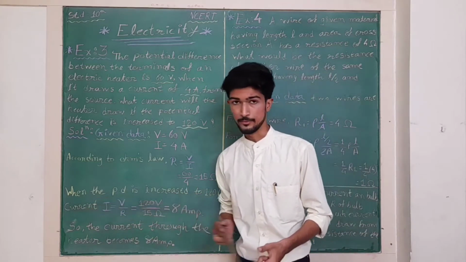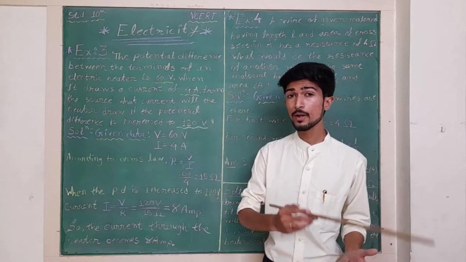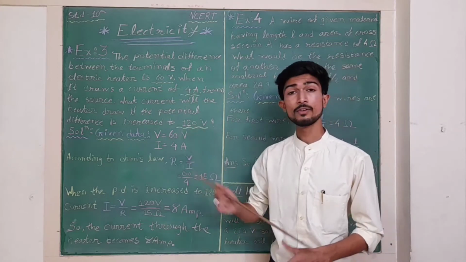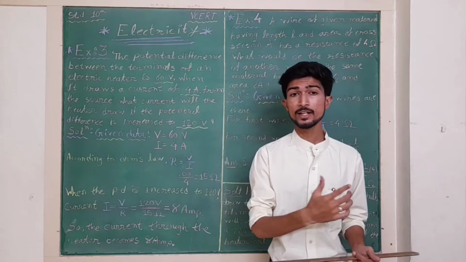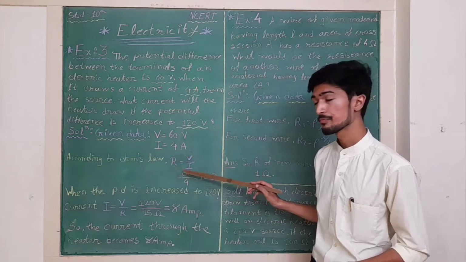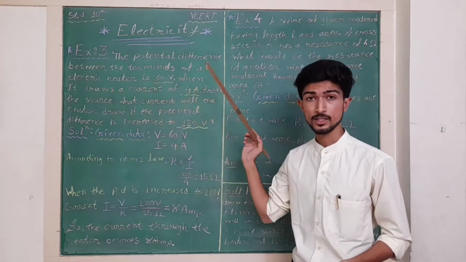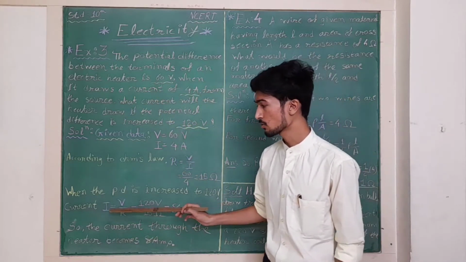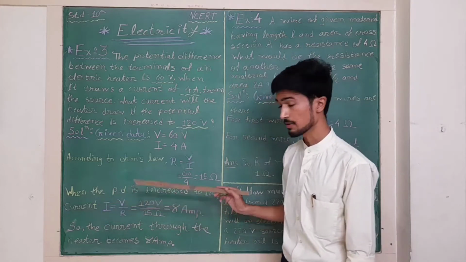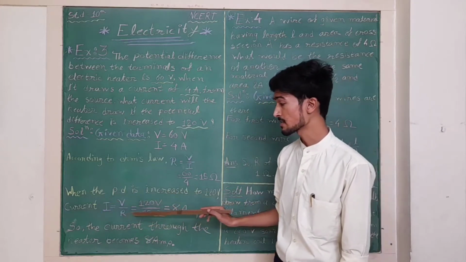The current will be, you already have two values: the resistance you have already found, and the 120 volt of potential difference you have been given. So you can find the current by rearranging this formula. We have seen the three formulas here, if you remember. So the current formula is I equals V by R. What is V? That is 120 volt and R is 15.